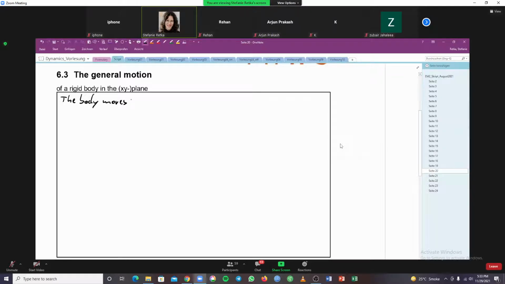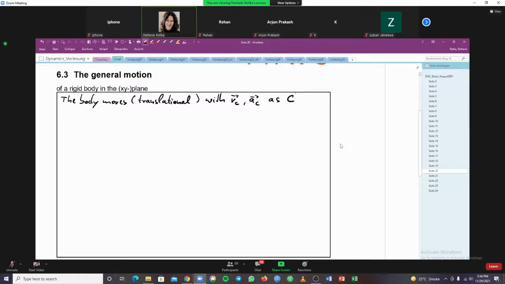Now we assume that our body moves translational with VC and AC as the center of gravity.